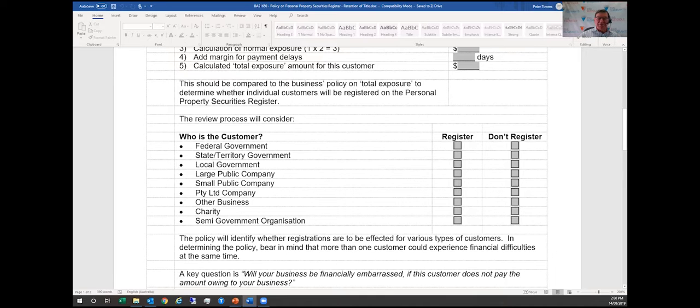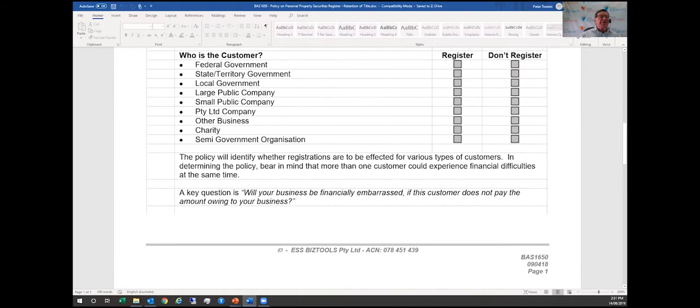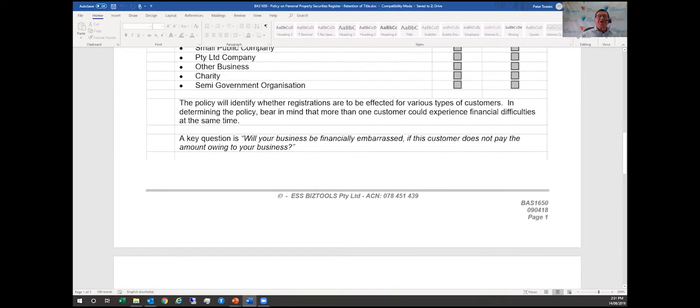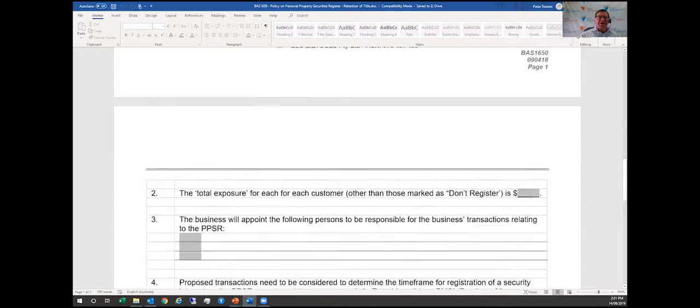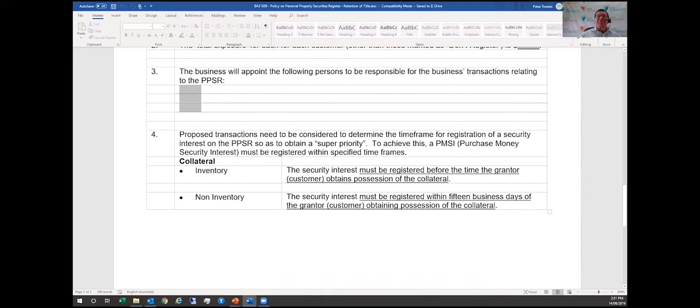And then we get down to proprietary limited companies and other businesses. The client needs to make a decision as to which ones they are potentially vulnerable to if they cannot pay, and then establish a system so that every customer, as a customer comes on board, they're analysed to determine what the potential risk could be.